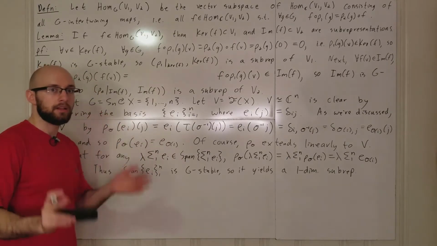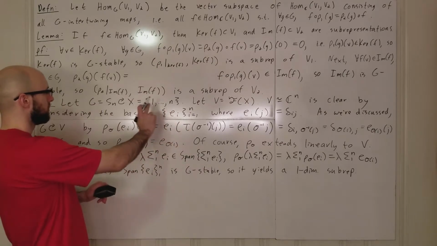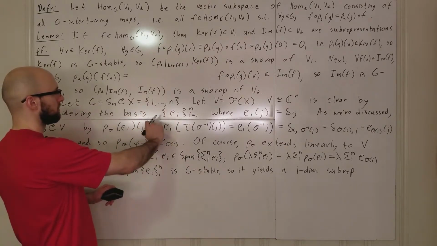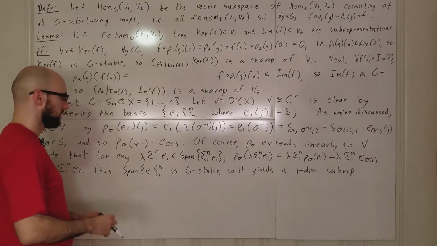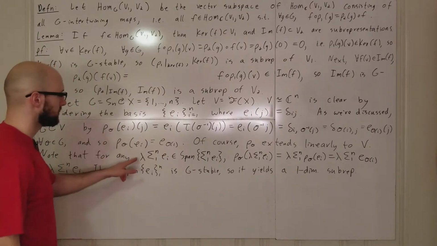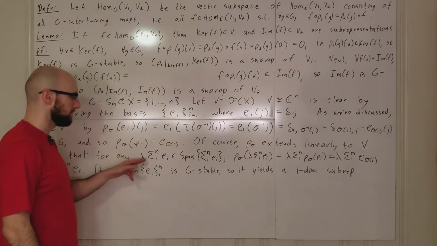That is a vector in V. And so this is just a constant multiple, or just some scalar value times this vector.